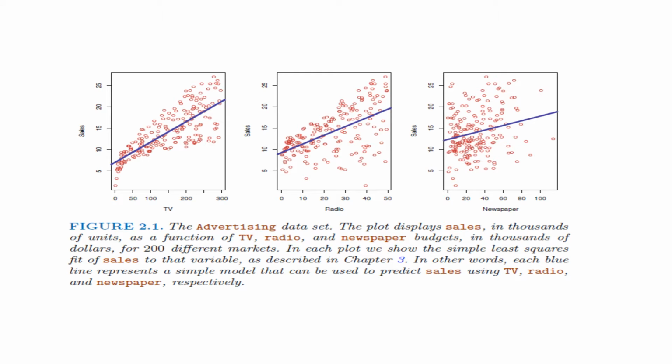In each plot, we show the simple least squares fit of sales to that variable, as described in Chapter 3. In other words, each blue line represents a simple model that can be used to predict sales using TV, radio, and newspaper, respectively.